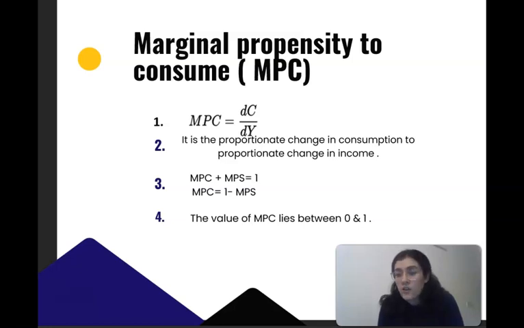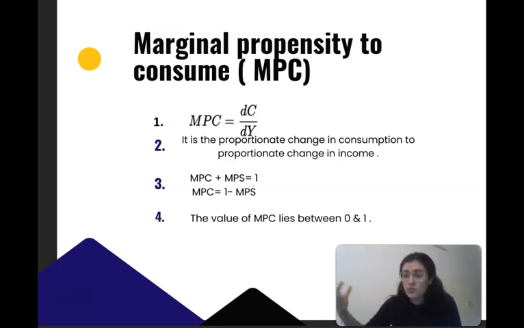This 100 is my change in income, not my absolute income. Out of this 100, how much am I going to spend on consumption? What will be my consumption expenditure? That is the change in C.